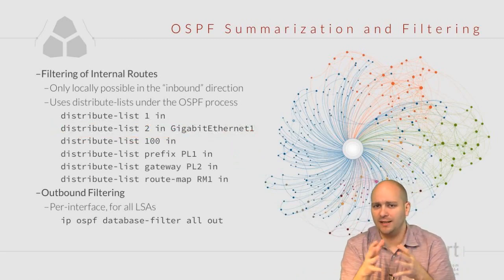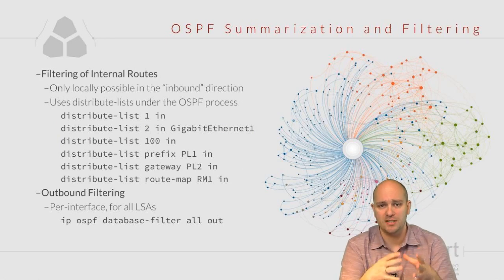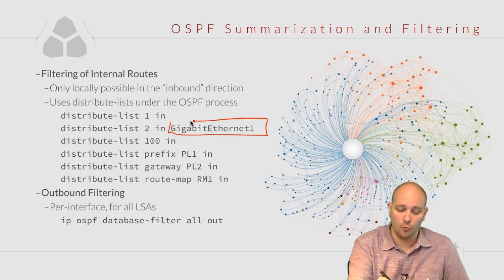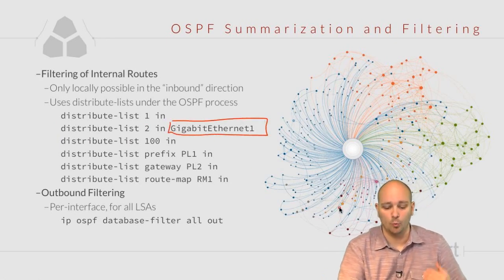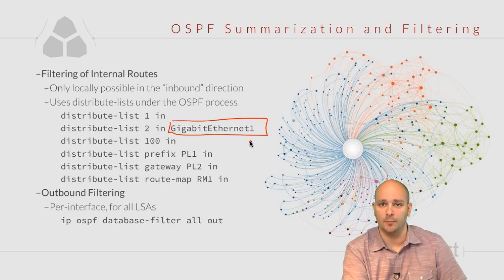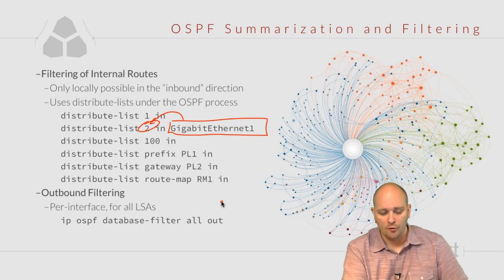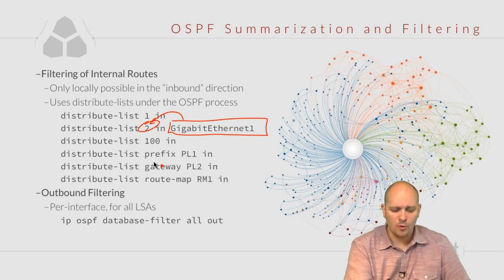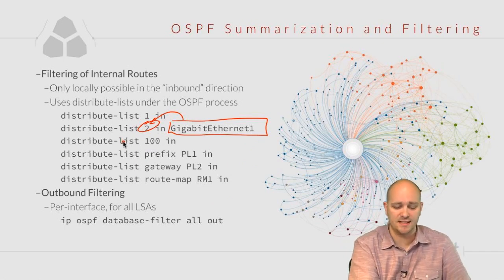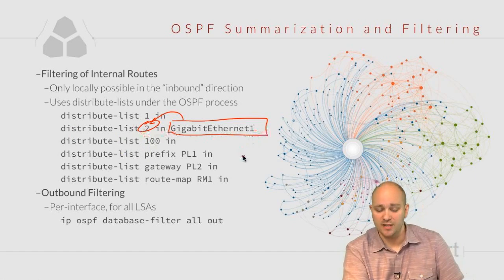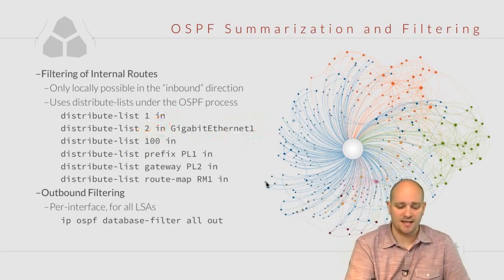But when the routing table is being calculated, when OSPF calculates the best paths, those prefixes that would be installed in the routing table with the outgoing interface of GigabitEthernet 1 are going to be sent to access list 2 for filtering. And we can use pretty much the same syntax with the prefix list. We could say distribute-list prefix PL2 in GigabitEthernet 1. So it's a very similar example.